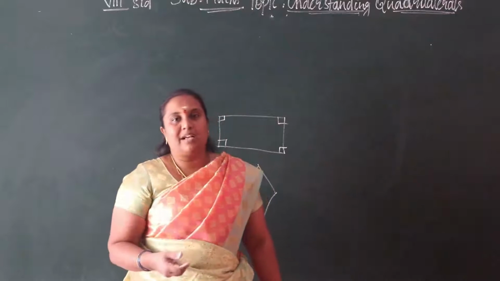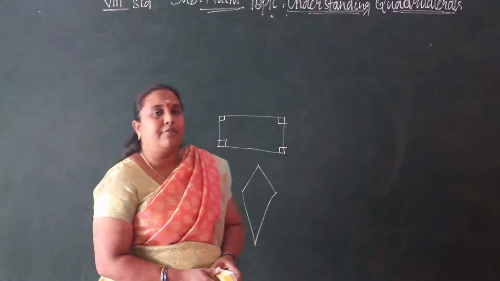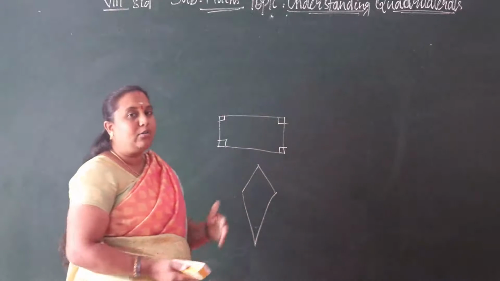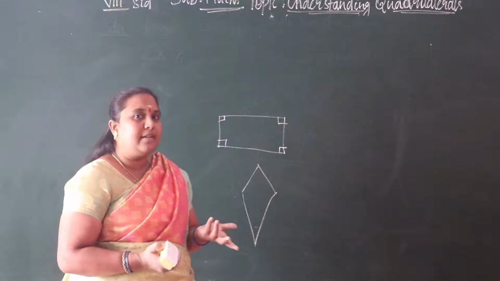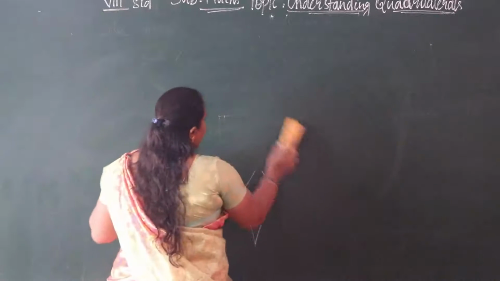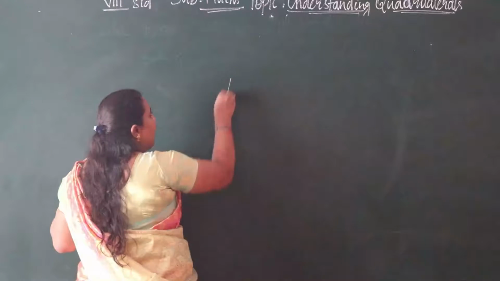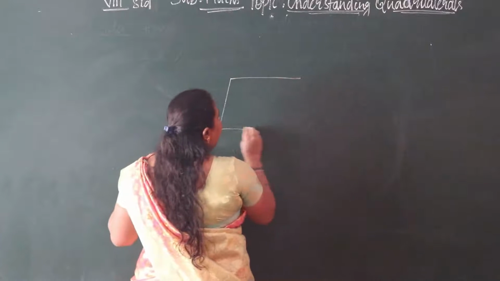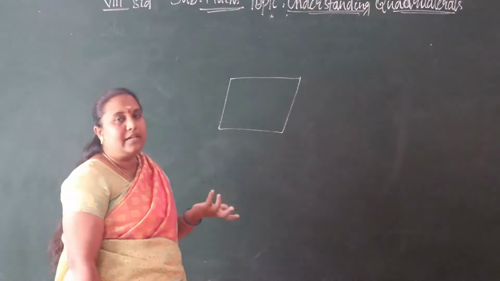We saw the angle sum property of a triangle and the angle sum property of a quadrilateral. So how do we find the angle sum property of a quadrilateral? You know the formula, n minus 2 into 180 degrees, or otherwise we can see it by the figure. We are taking a parallelogram here, or any other quadrilateral, a square or a rectangle.